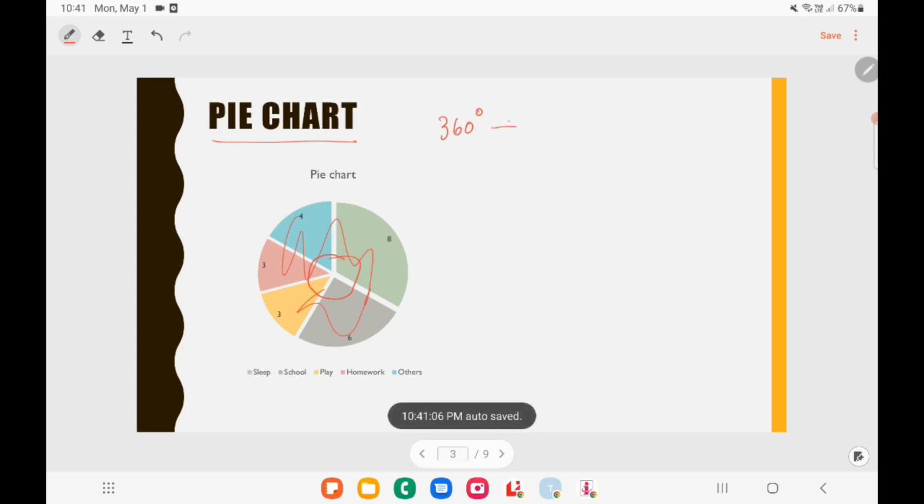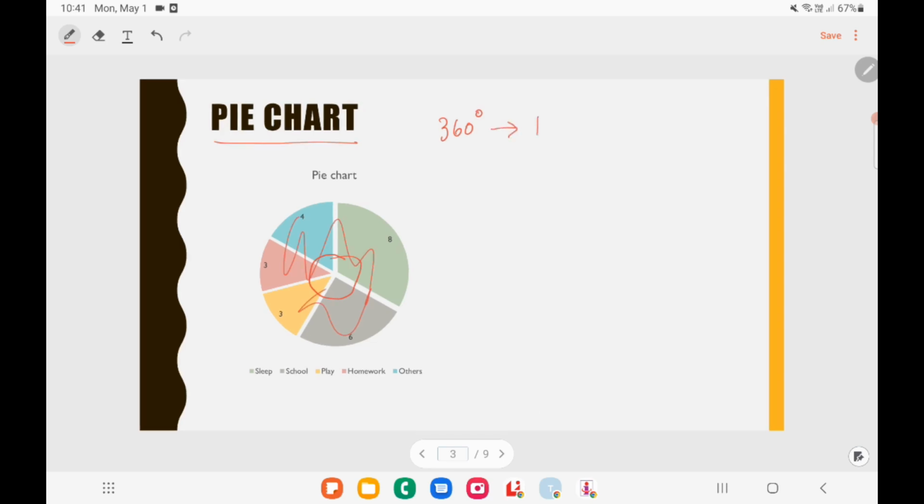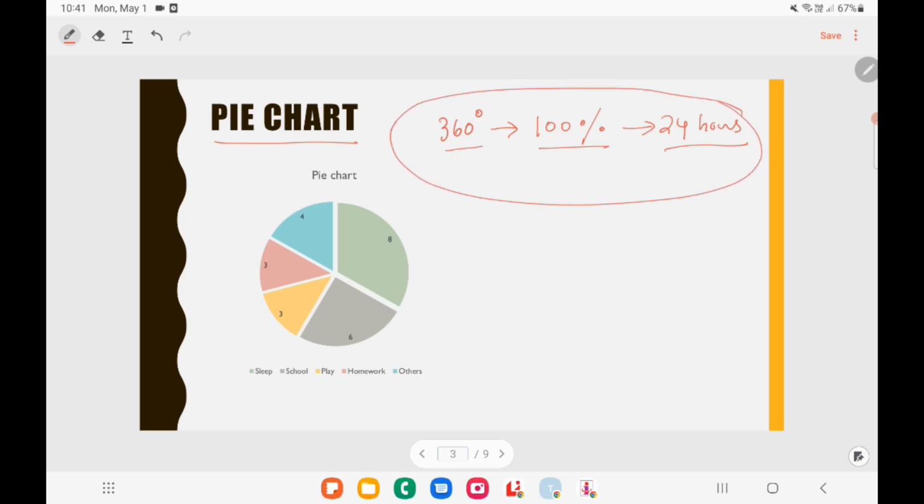So 360 degrees in this pie chart corresponds to 100%, and it corresponds to 24 hours, because in a day there are 24 hours, and this pie chart is showing the activities done in 24 hours. If you can identify this, then you can do all the questions.